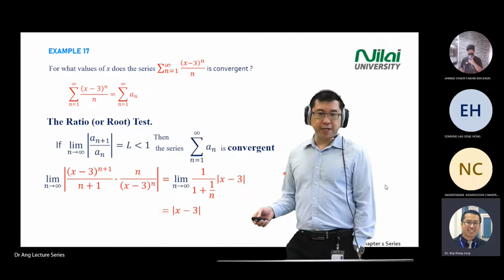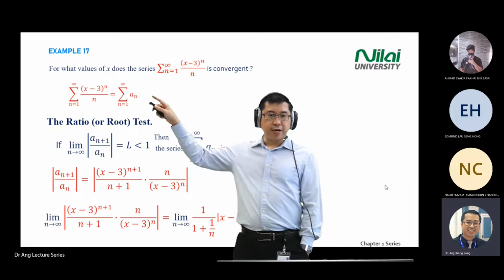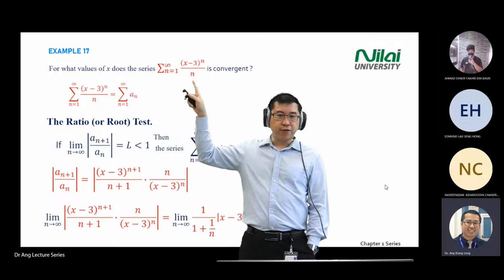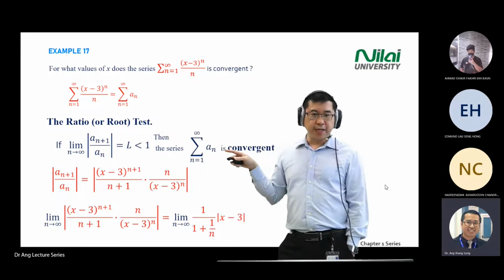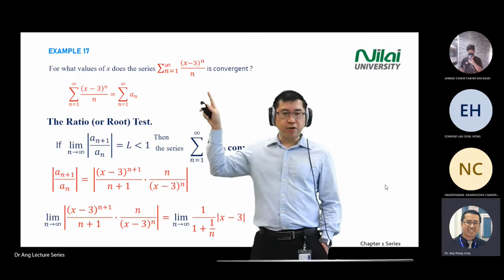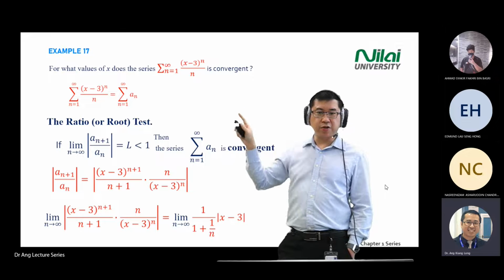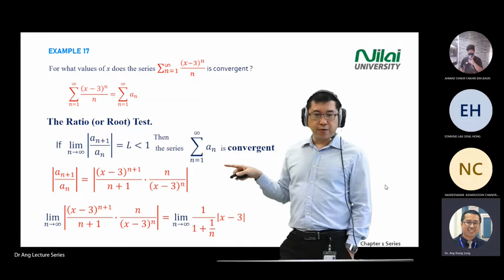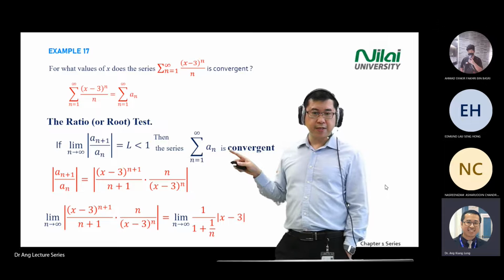Let's count how many marks this question will give you. I show you. First mark, to show that you understand how to convert the equation to a_n. Second mark will be whether you know what the root test is, and then you compare to the question. The question asks you to test whether it converges, so you use the convergent scenario, the first criteria. So you copy the whole criteria, you get the second mark.